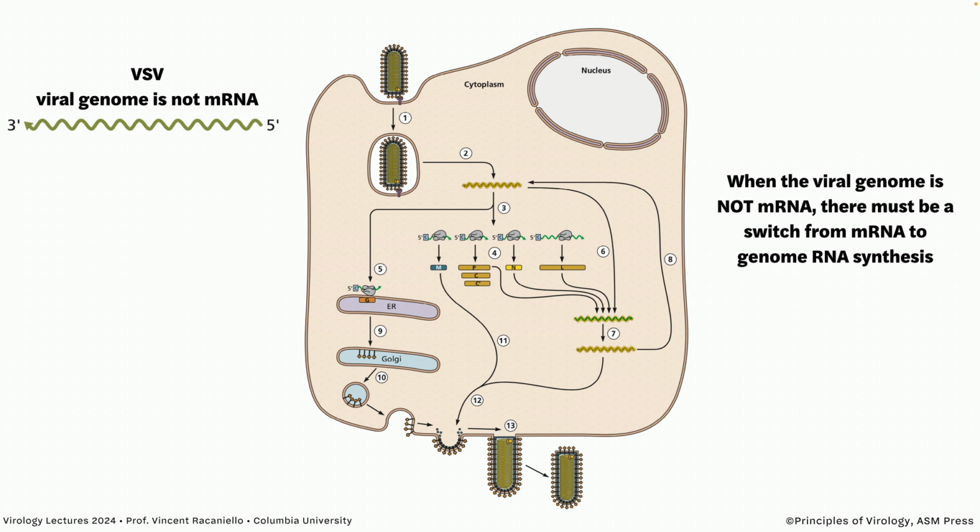So let's go through that for VSV. VSV is one strand of negative stranded RNA. It's not messenger RNA, right? It's negative strand. So it has to come in with a polymerase. The virus enters by endocytosis. The RNA protein complex is released into the cell. The polymerase on the genome copies it to make subgenomic mRNAs, as shown here.